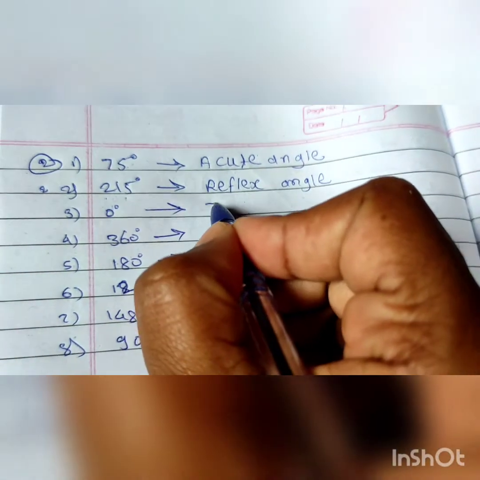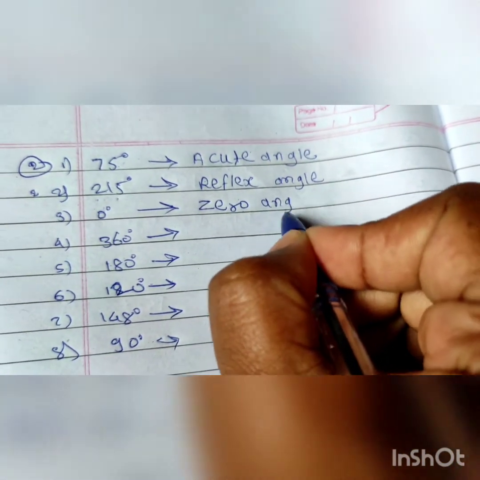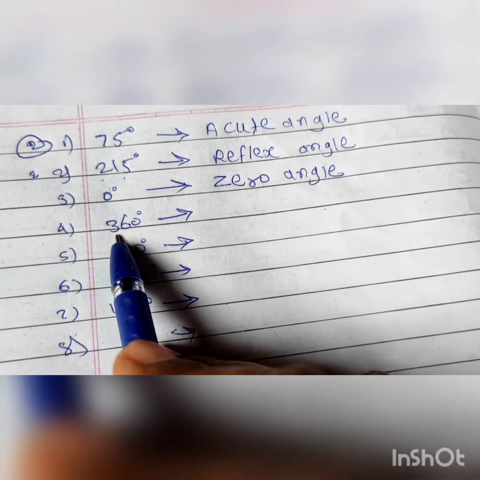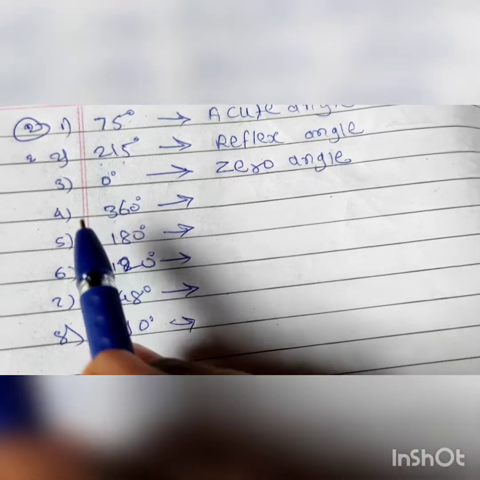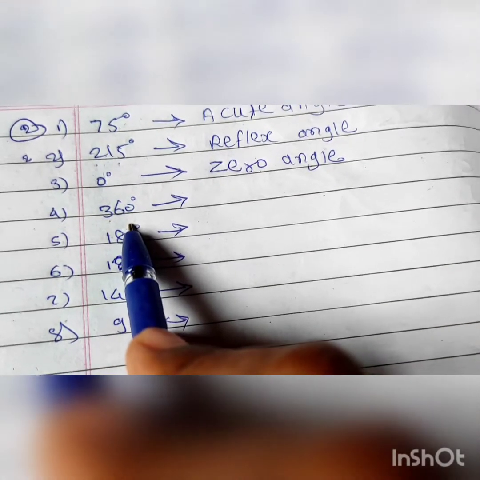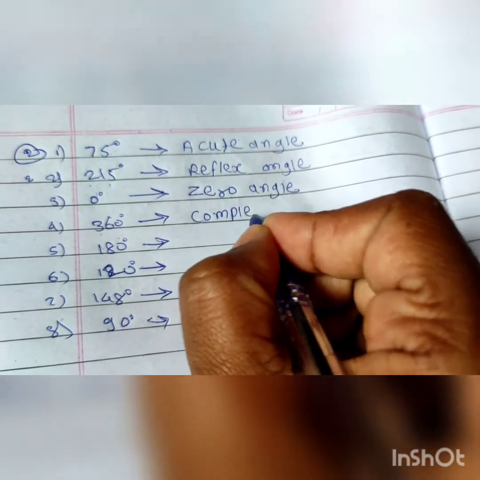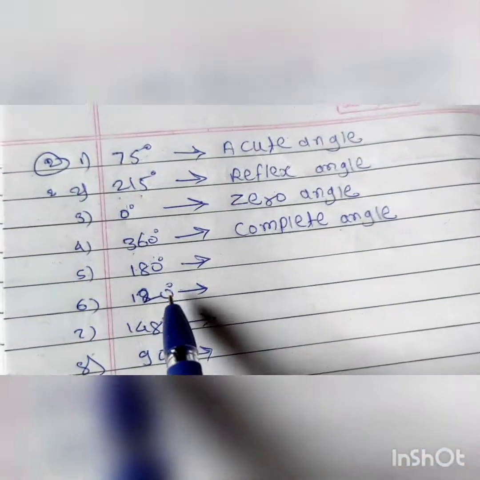This is zero angle because measurement is 0. This is complete angle because the measurement of angle is 360, called complete angle.